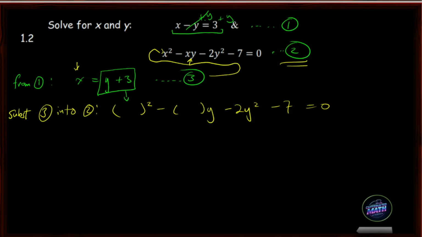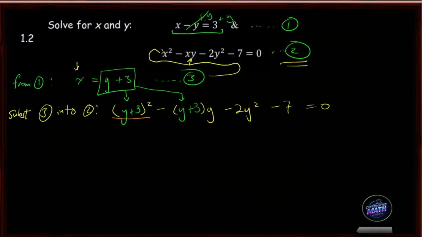Well, now we can do our substitution. So that'll be y plus 3, y plus 3. Good. We've substituted everything. Now it's just a case of doing our algebraic expansions carefully.